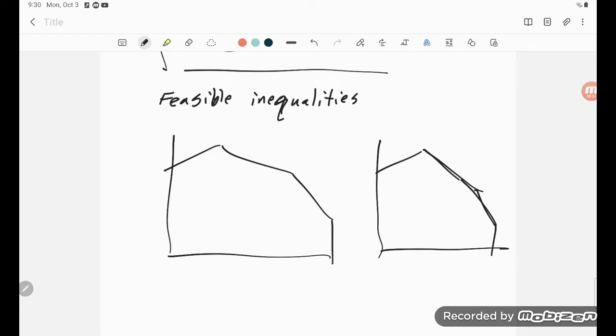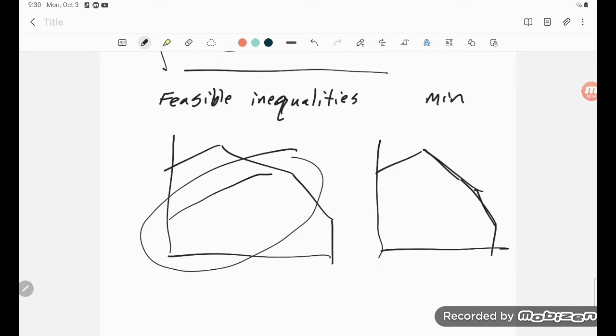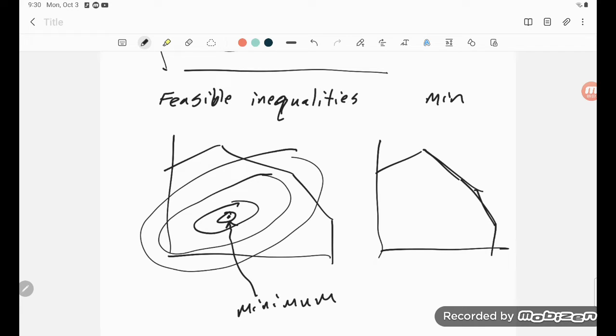Now, a couple things could happen. Say we're minimizing, and say the inside is smaller than the outside. Well then, what could happen is that we might get ellipses for different values of z that do something like this. And so with a quadratic, the minimum might not be at the edge.